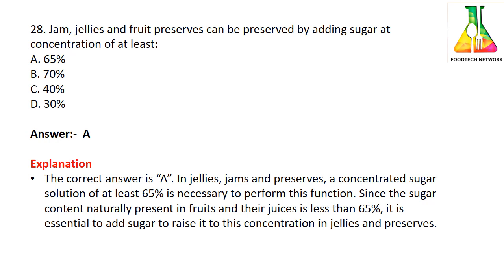In jams, jellies, and preserves, a concentrated sugar solution of at least 65%, not more than that, is necessary to perform this function. Since the sugar content naturally present in fruits and juices is less than 65%, it is essential to add sugar to raise it to this concentration in jellies and preserves.